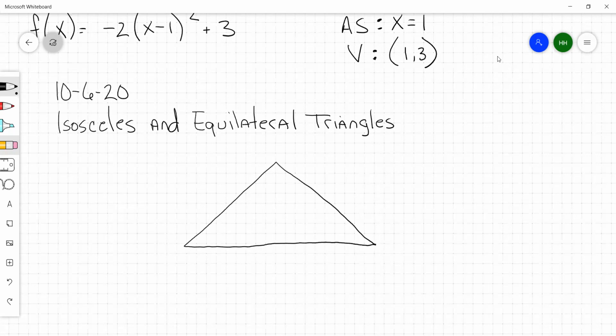All right. In an isosceles triangle, you've got two congruent sides, you've got two congruent angles. The congruent sides are called legs. Now, there's one leg and here's the other leg. The third side of an isosceles triangle, the non-congruent side, that's called the base.